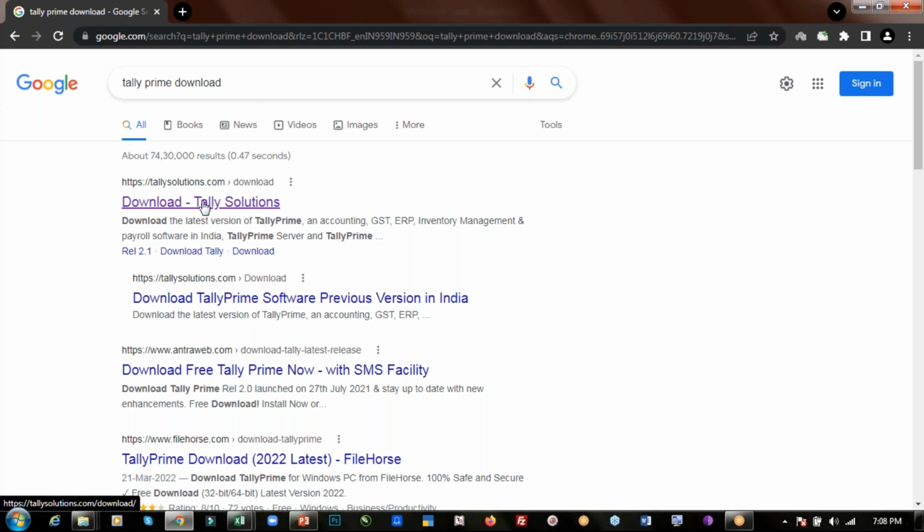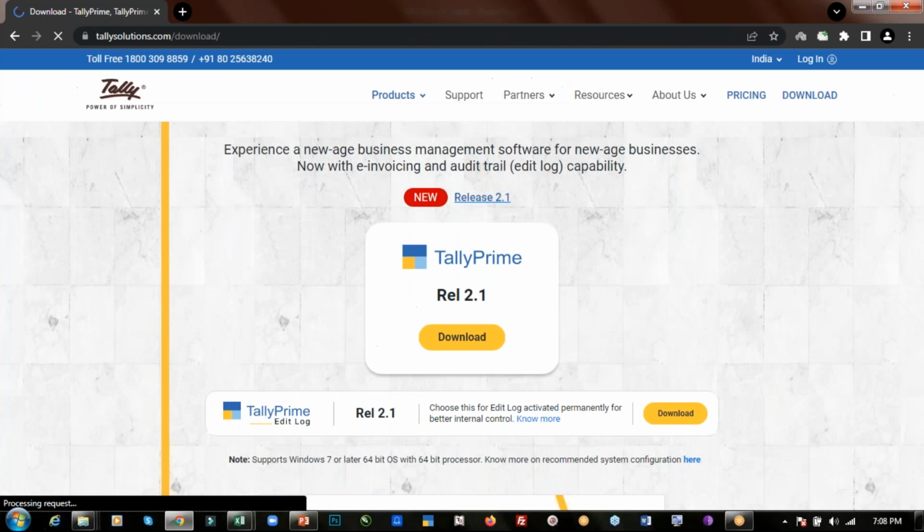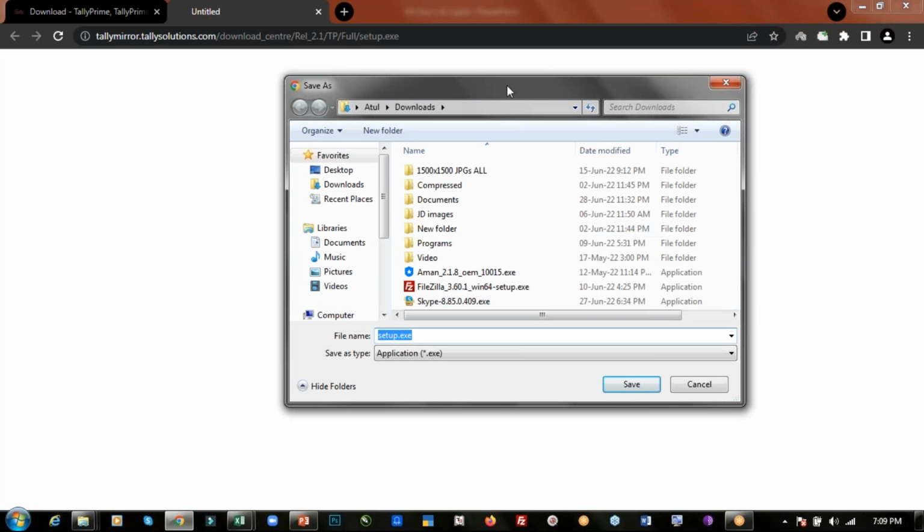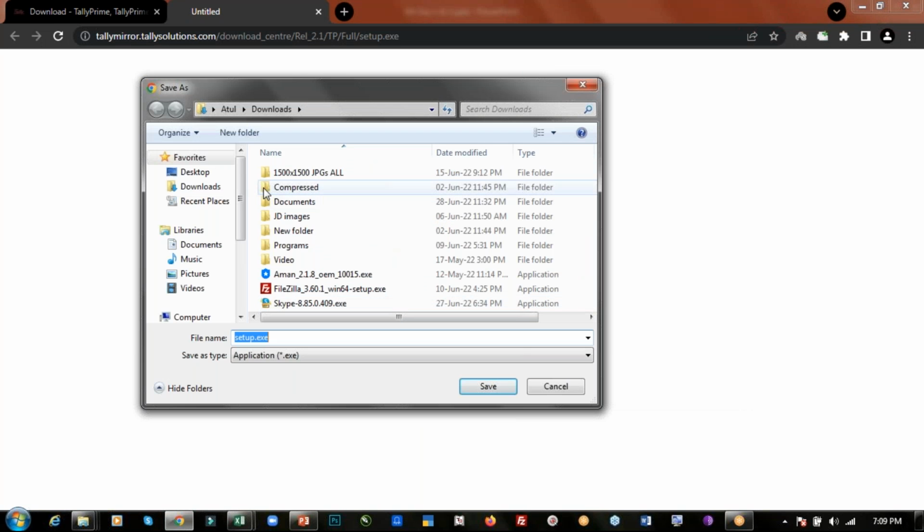Simply open this one, and here is the download option. Prime Release 2.1 means the version of this one. Simply click on the download. After you click on this download option, the process will get started. It is asking me to save my file. I am going to save this file in the downloads.